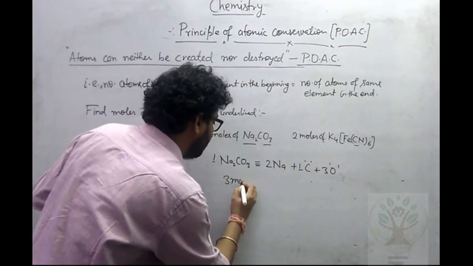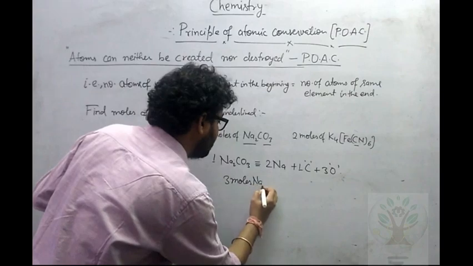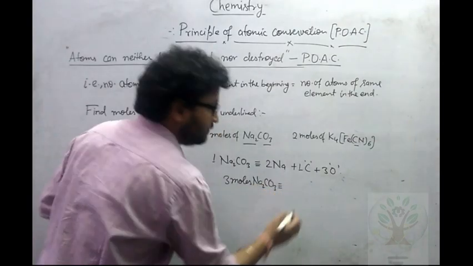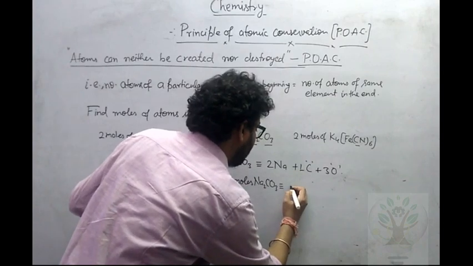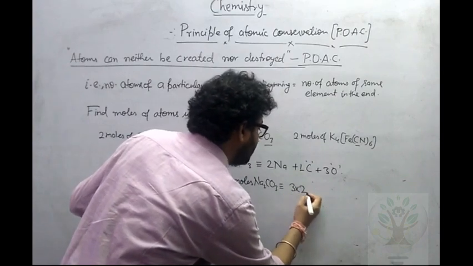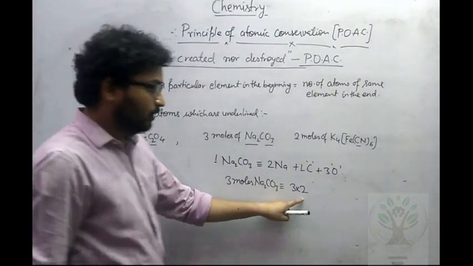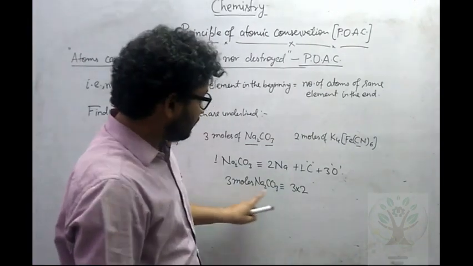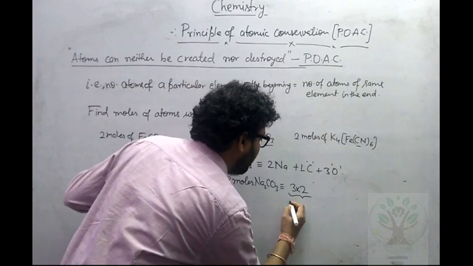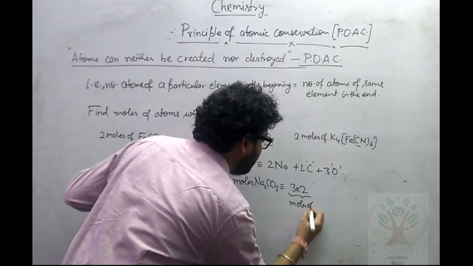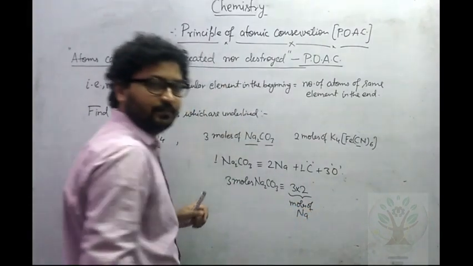So 3 moles of Na2CO3 means how many moles of sodium will you have? You will have, see, 3 into 2. If you multiply the moles of Na2CO3 by 2, what you will get? You will get moles of sodium.